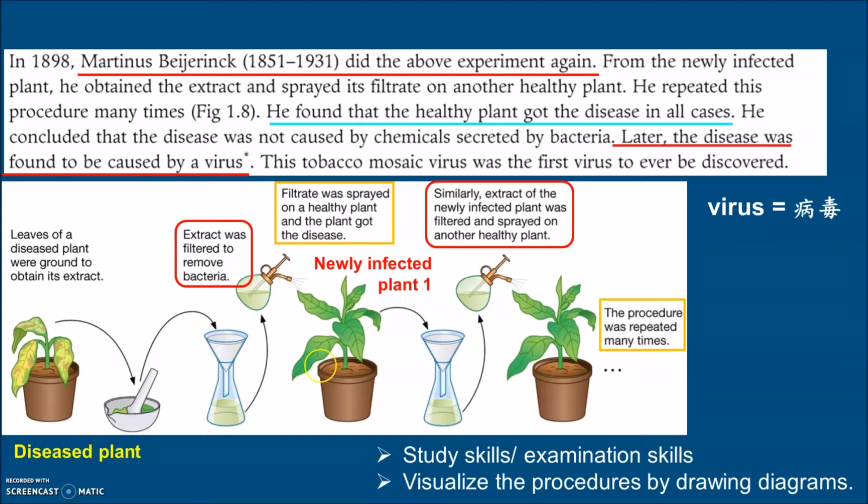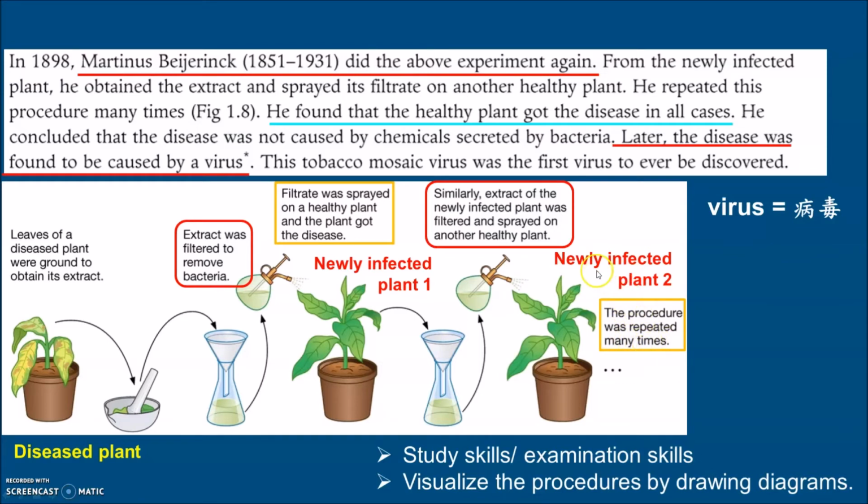So that's why the newly infected plant 1 or the other healthy plant, even though they got the disease, may only have the toxin inside the plant cells, inside the plant.